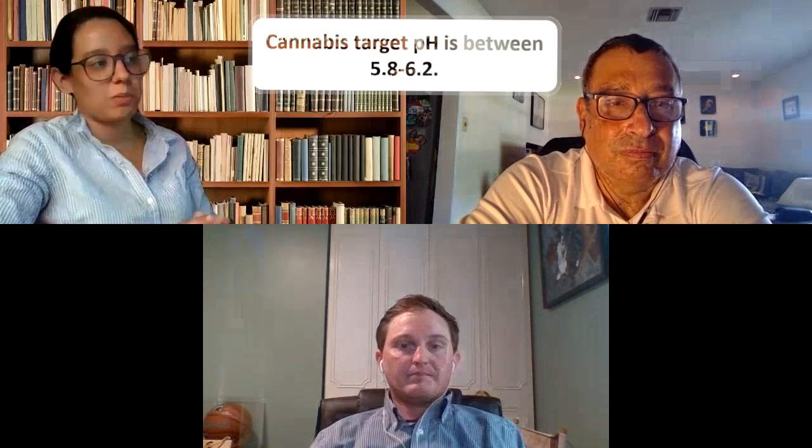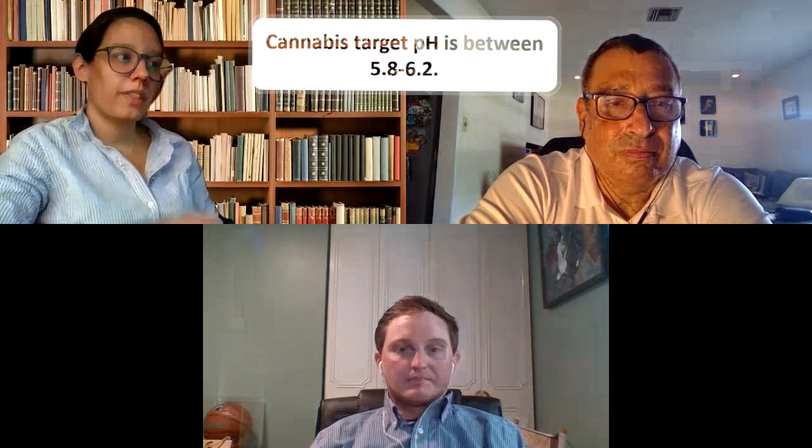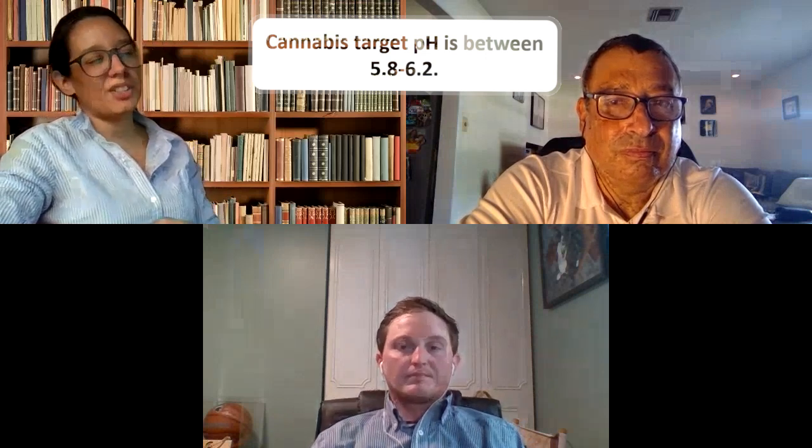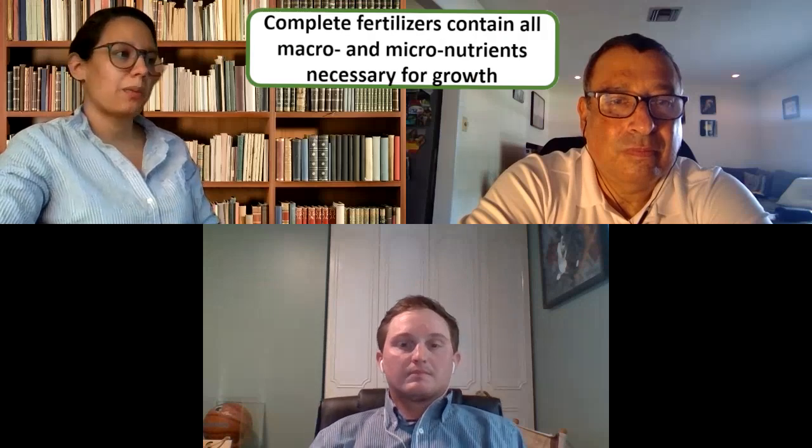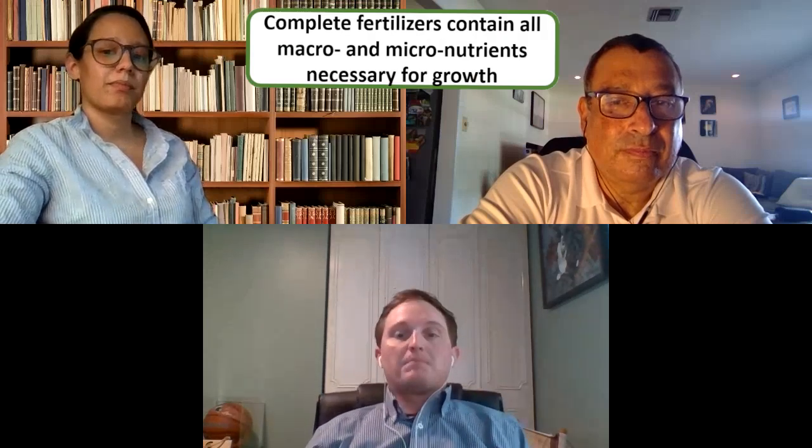Usually you want to see it between about 5.8 and 6.2. So with that high of a pH, and the chlorosis being on the new growth, this might be an iron deficiency. But just to be thorough, are they feeding with a complete fertilizer or are they adding an iron supplement? They are using a complete fertilizer.